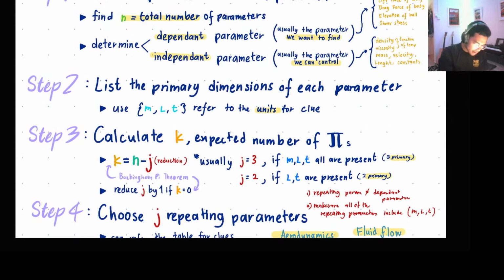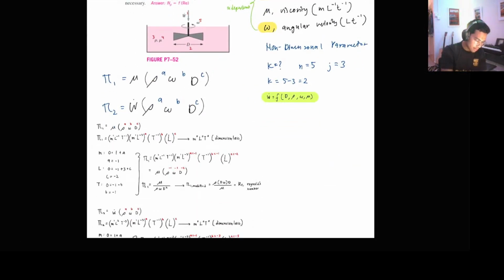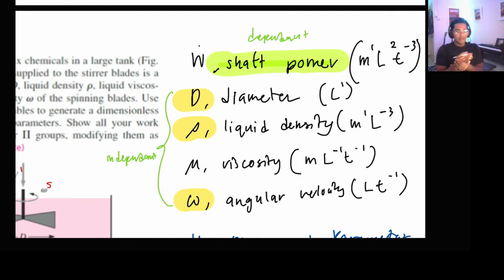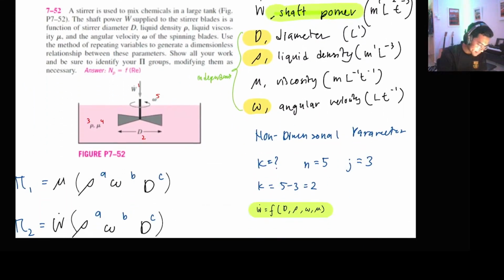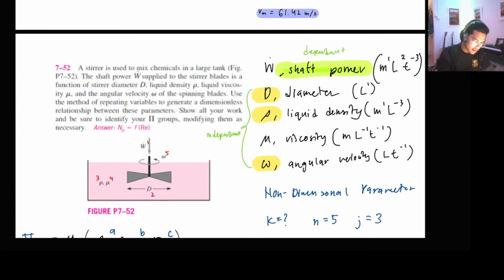List the primary dimensions of each parameter. Okay, let's list down all the primary dimensions of the parameters. Oh, okay, we already did that here. So shaft power is M L squared over T cubed. How do I know this? Let me figure out.